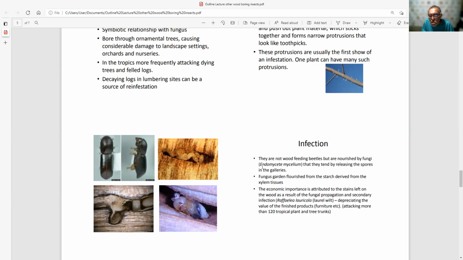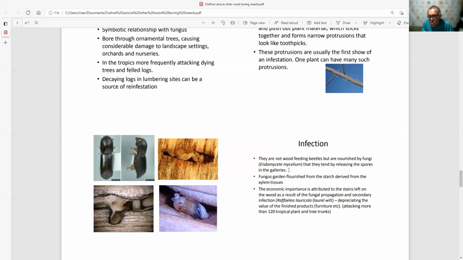And the fungus is endomycete mycelium, that they tend by releasing the spores in the galleries. Dia cultivate this particular fungus by releasing the spores. It's just like the termites.